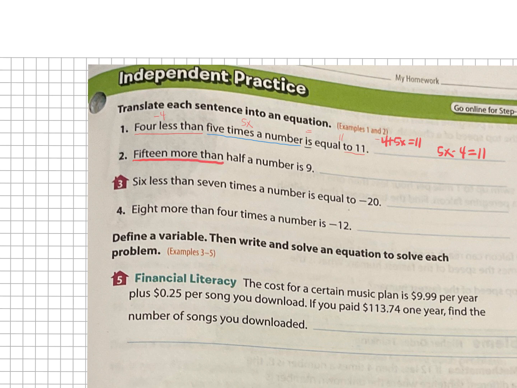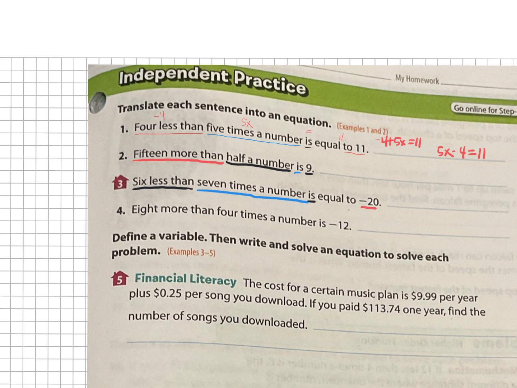15 more than half a number is 9. So each one of those should be a different symbol. 6 less than should be something. 7 times a number should be something.